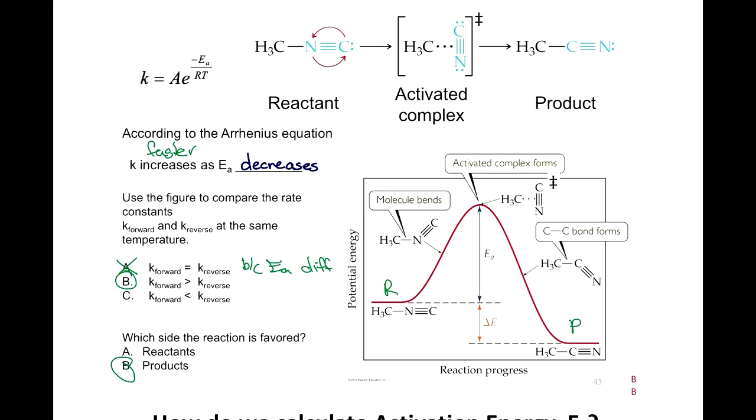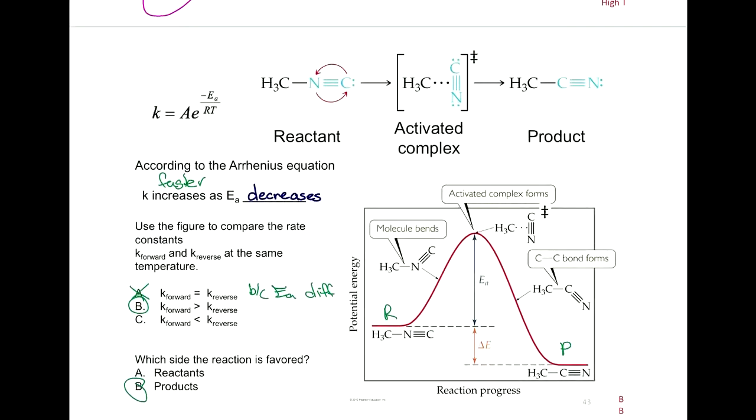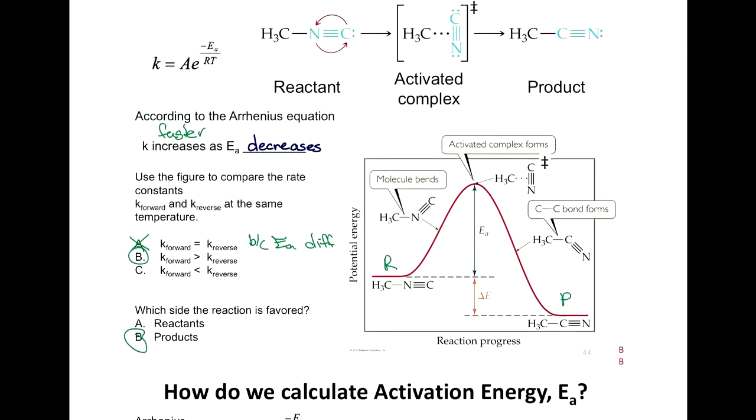And so that's why products are favored due to the difference in activation energies. And we'll look at the significance of this again in chapter 15. Activation energy is related to reaction rates, rate constants, inversely. All right, so there we go. There's our activated complex, relating it to activation energy.